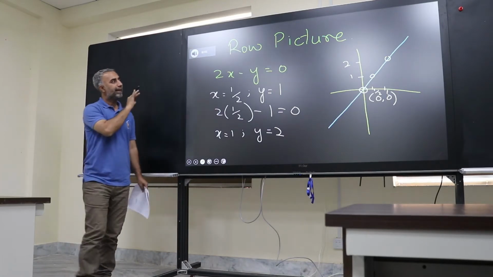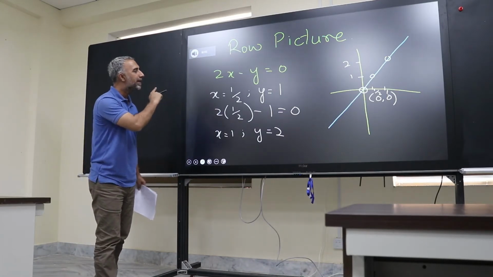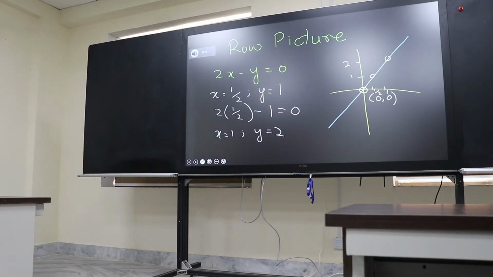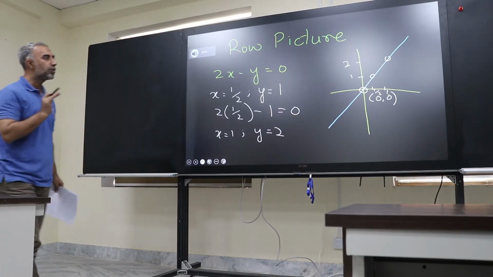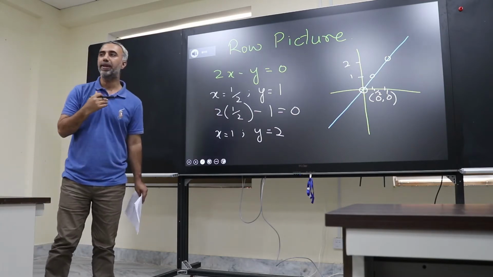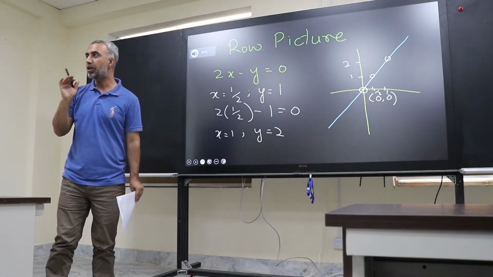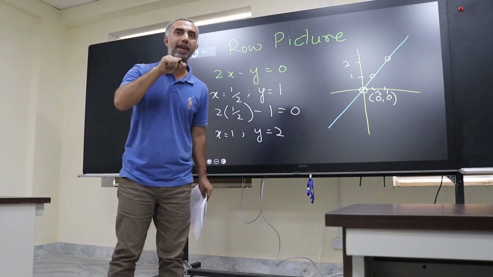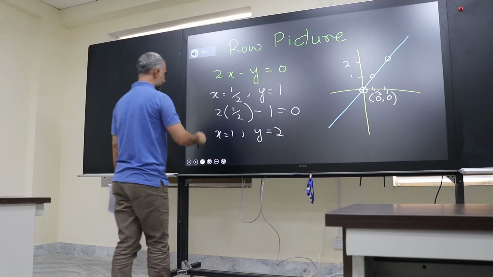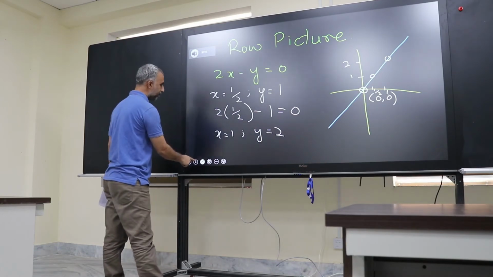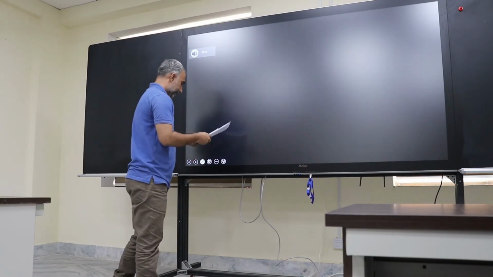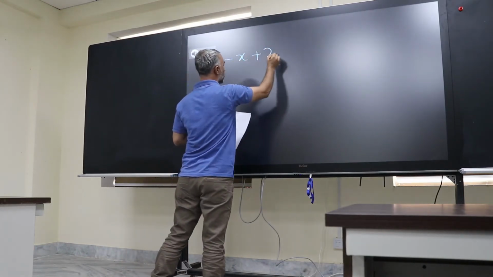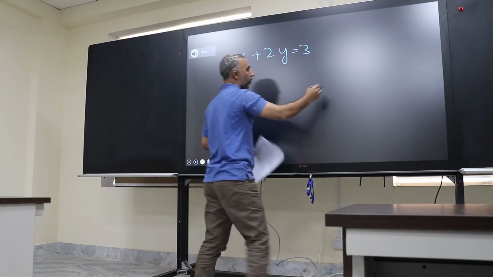Now in this row picture we are considering only the first equation of the problem. In the previous lecture I told you, to get a solution set we should know the point of intersection. Now we have another equation, that is minus x plus 2y equal to 3.